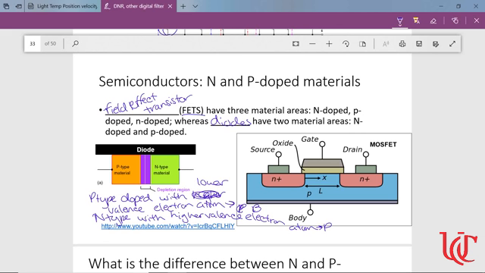And they had 3 doping areas that were different, N-doped, P-doped, and N-doped. You can have the same thing in reverse here, so this is my transistor here. I could have p-doped here, n-doped for most of the body of it, and then p-doped again here.